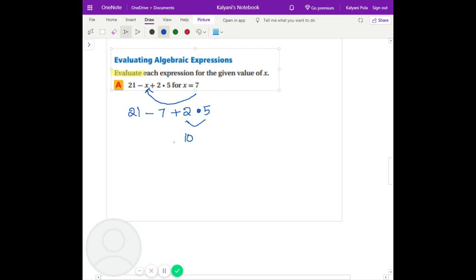And then you can subtract these two. So you can write it down. 21 minus 7, Avi? It's 14. It's 14 plus 10. That's 24. Good work. So anytime it says evaluate, you plug in the number in there, whatever the letter or variable, and then you solve it.